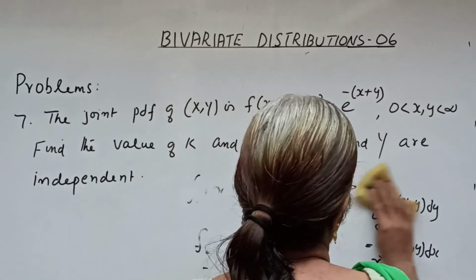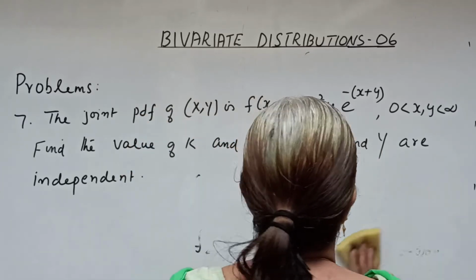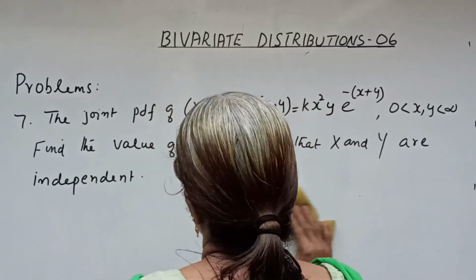Firstly, for the given f(x,y), we find the value of k.